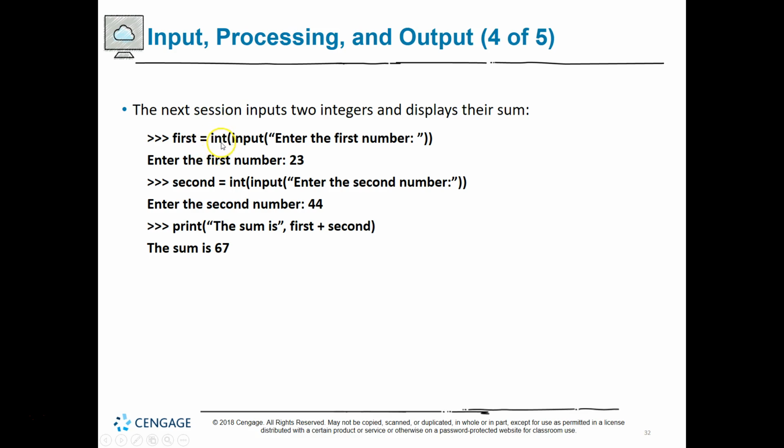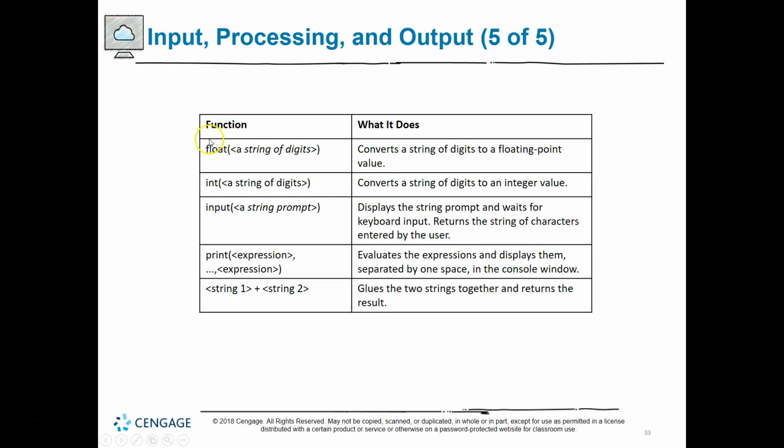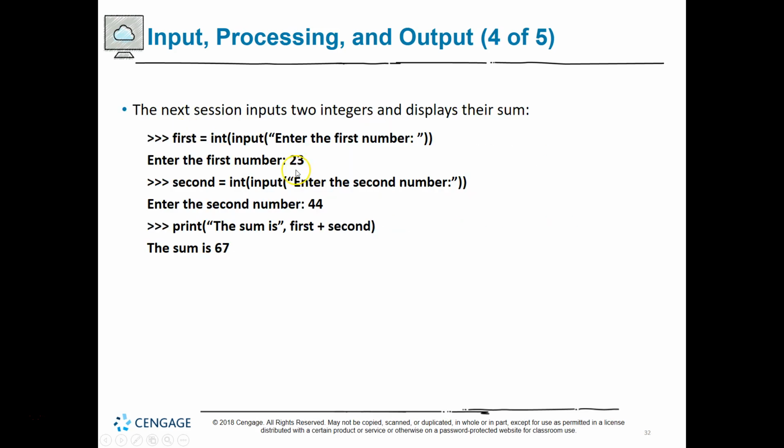So you can think of this all as functions. Everything inside of here is passed into the function integer, and everything inside of here is passed into the function input. So input our first number, 23, input our second number, 44, and then it will say the sum is first plus second. And then the sum is 67.